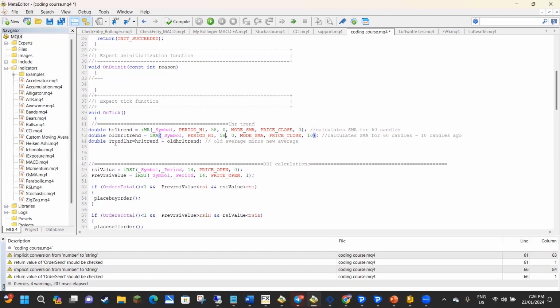And down here, we just take the 1 hour trend and subtract the old 1 hour trend, and we'll get a value that's either negative or positive. If the value is positive, it means the trend is going up or the moving average line is going upwards. If the value is negative, it means the moving average line is going down.